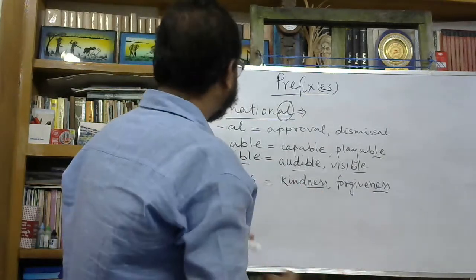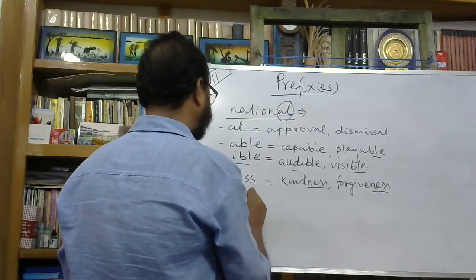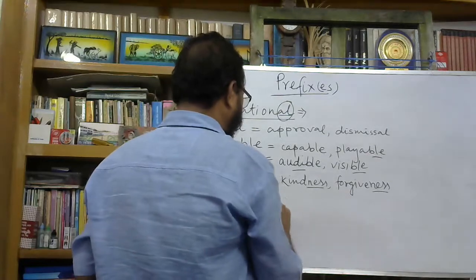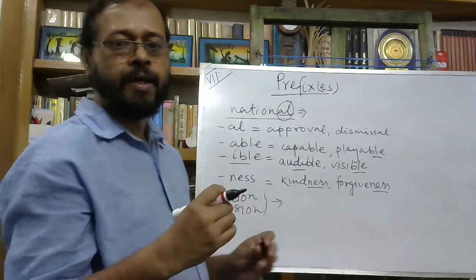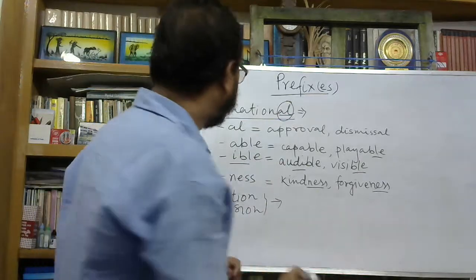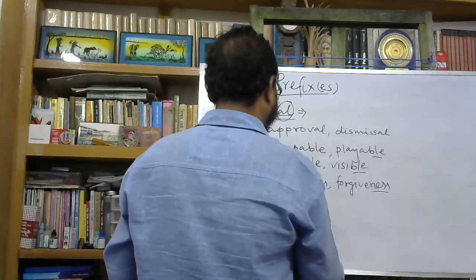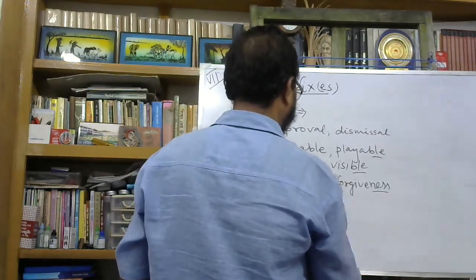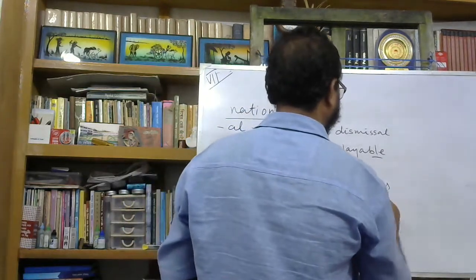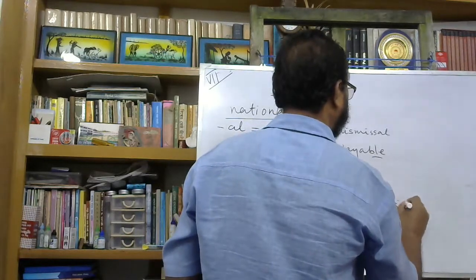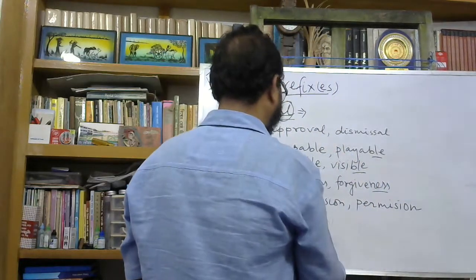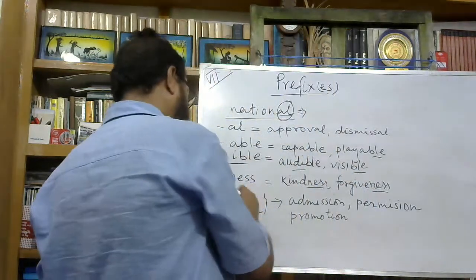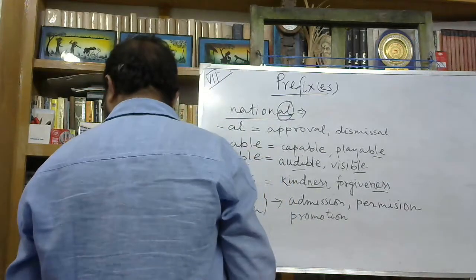So tion is also used, sometimes TION, sometimes SION. So these are also used to make new nouns. Admit to admission, permission. Then promotion, promote to promotion. They are also very common ones.